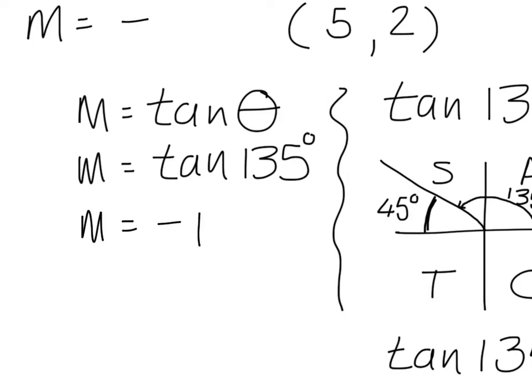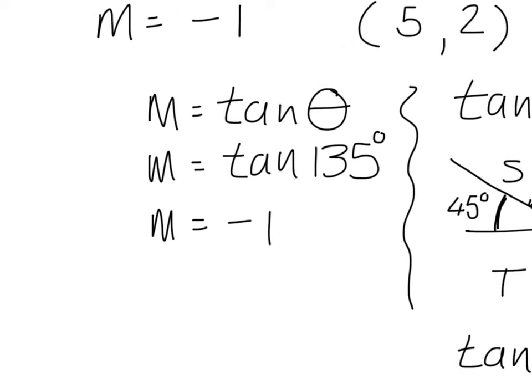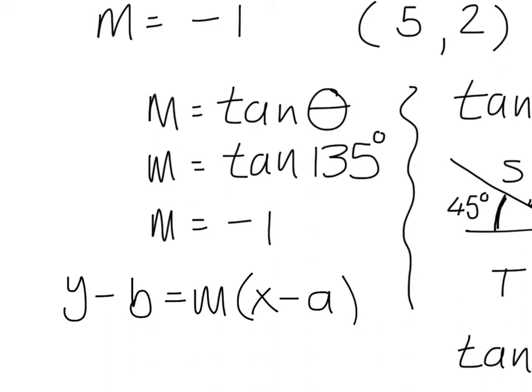That was the other thing we needed for our straight line, which means now we can go ahead and use the point and the gradient to work out the equation of the straight line. Substituting into the straight line formula, y minus b equals m bracket x minus a. So that's y minus 2 equals negative 1 times (x minus 5).